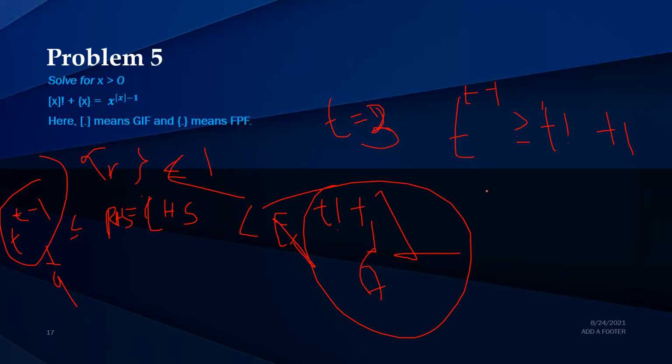And now what we are going to do is take t common here, and take the variables on one side. We need to prove t raised to t minus 2 is greater than t minus 1 factorial for t greater than or equal to 3.